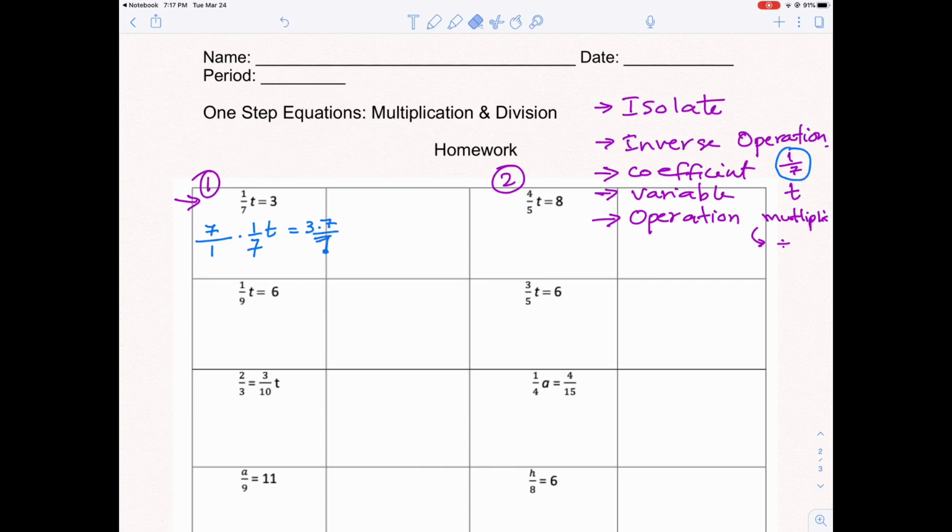This is a 1, let me make it clear. The 7s cancel each other, and the 1s cancel each other. On this side, 3 times 7 is 21, and this 1 is just like that. On this side we have a t. Now we have a solution, a value for t. It automatically gives you t is equal to 21.